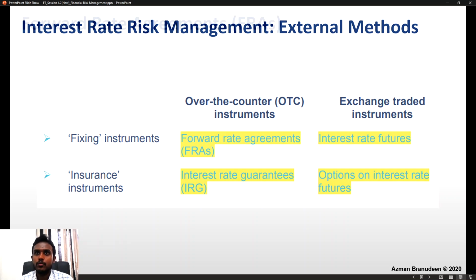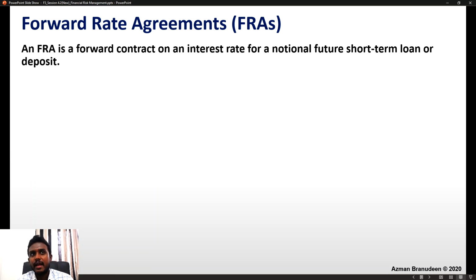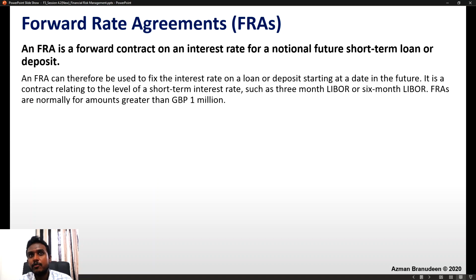Let's take a look. Firstly, forward rate agreements. An FRA is a forward contract on an interest rate for a notional future short-term loan or deposit. So much like a forward rate agreement with currency, you agree on terms today. An FRA can therefore be used to fix the interest rate on a loan or deposit starting at a date in the future.